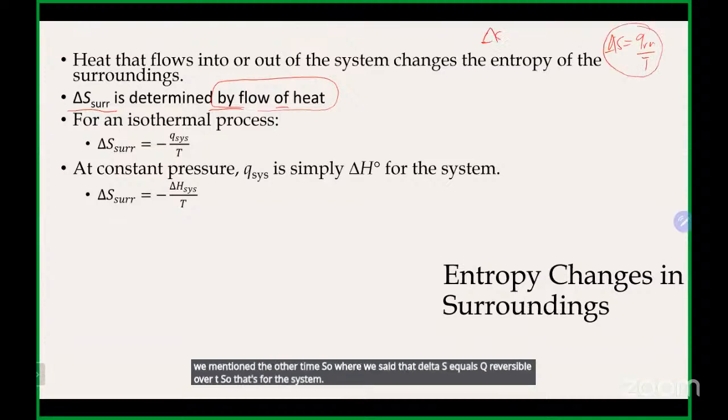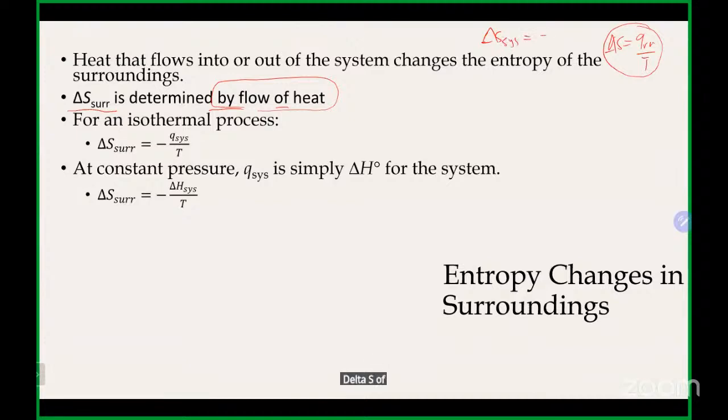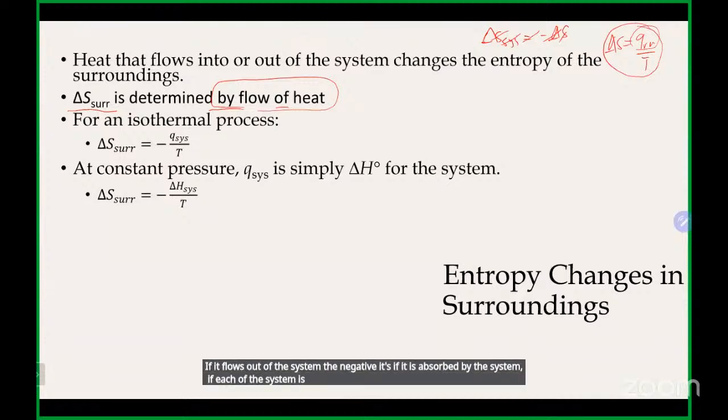If heat flows out of the system, it is negative; if it is absorbed by the system, delta S of the system is positive, then you have an equal minus Q for the surrounding.